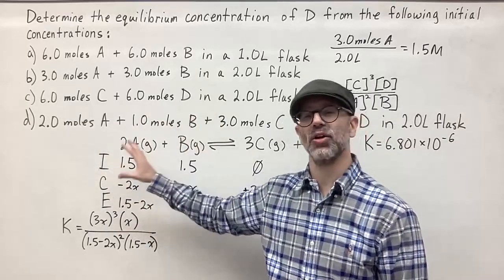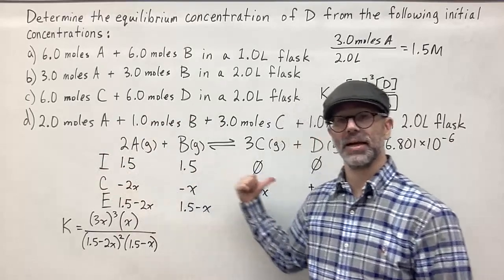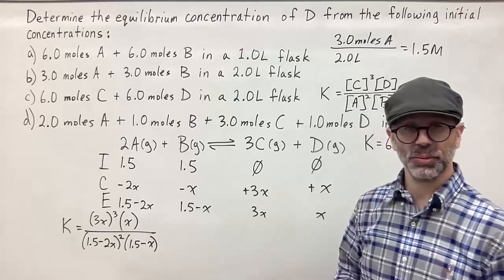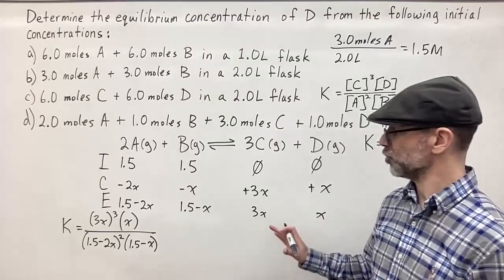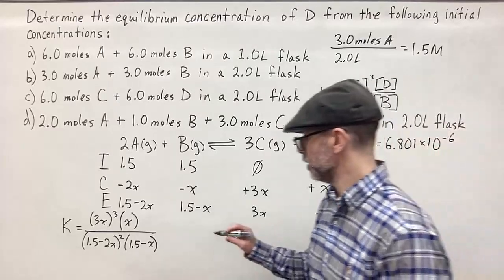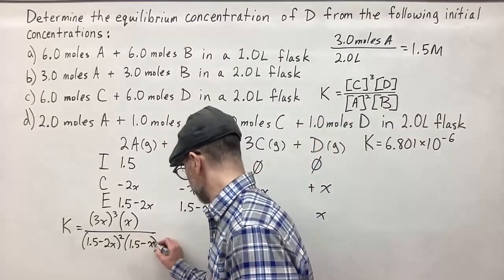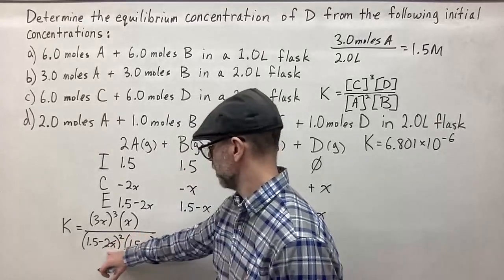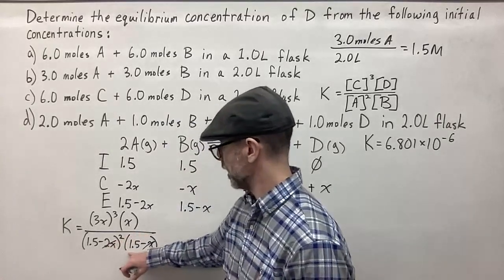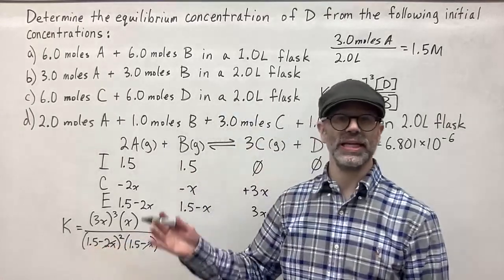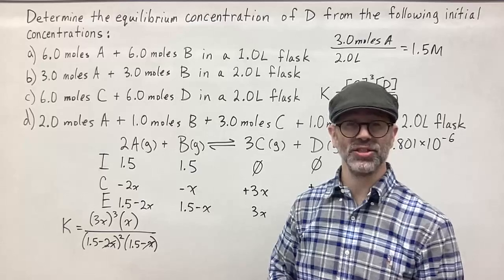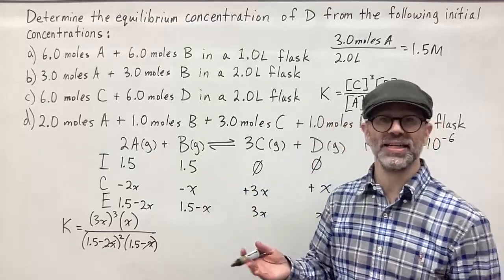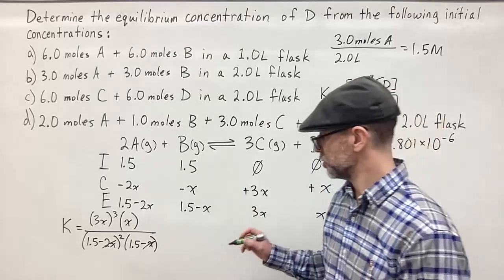So very little of the reactants is going to make product, so very little product is going to be made at equilibrium. So we can assume that x is going to be small here. So we can get rid of the x there and the x there, since subtracting these is not really going to make any difference on those. So the equilibrium concentration is assumed to be the same as the initial concentration.